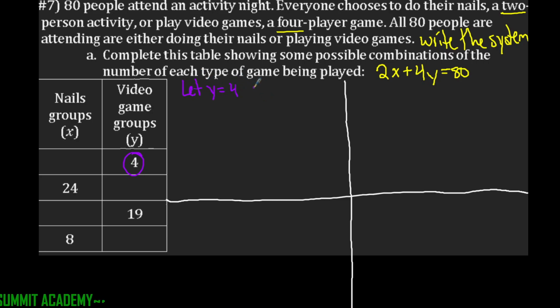So what that looks like, you have your normal equation, but instead of y, you now have a 4. So we're going to say times 4 equals 80. Now all you have to do is solve for x. So I can simplify, so this is going to be 2x plus 16 equals 80. Be able to do your inverse operations. So I subtract 16 from both sides.